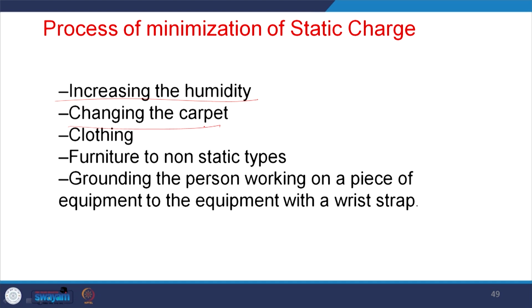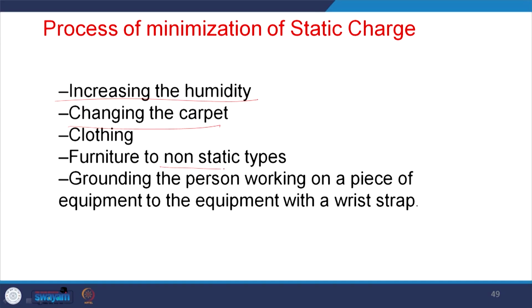Also, instead of silk you are required to wear cotton clothing, and use furniture of non-static type so that it does not hold charges, and ground the person with the equipment using a wrist strap.